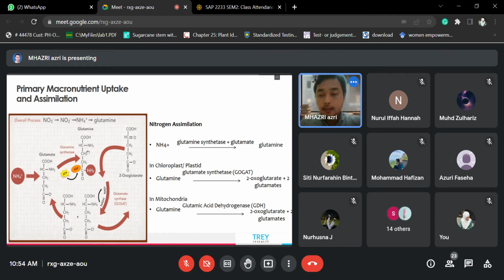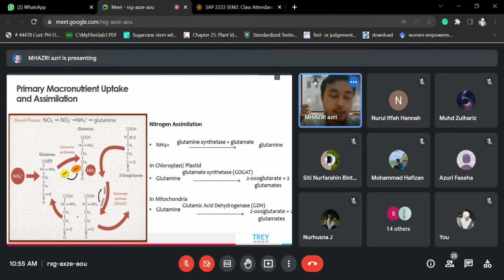Okay, and then in chloroplast, glutamine will be, the amine group in glutamine will be, what? It will be moved to oxoglutarate. Okay, if you look here, oxoglutarate's molecular structure seems like glutamate.